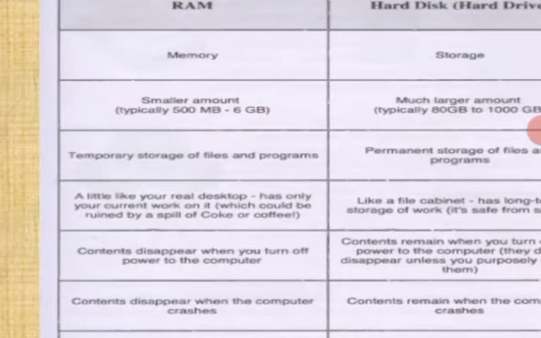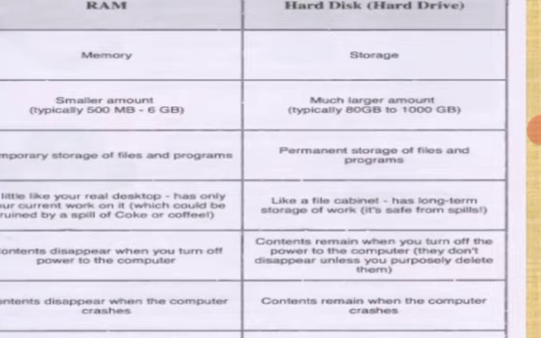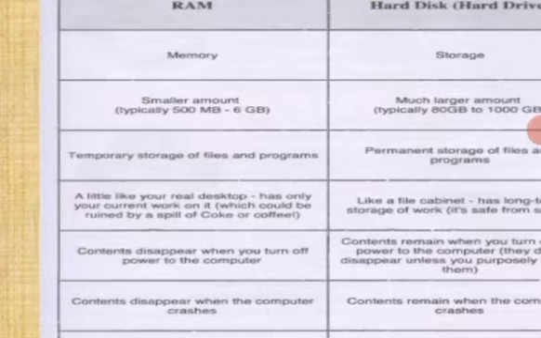Anything stored in a hard disk, whether the computer loses the power supply or not, is permanent. It will remain. The contents of a RAM disappear when you turn off the power to the computer, as I just said, while contents remain on a hard disk, so it doesn't affect it.